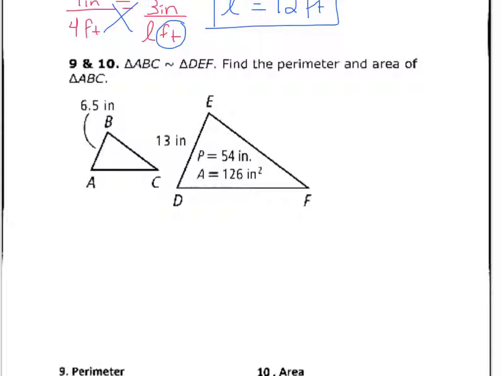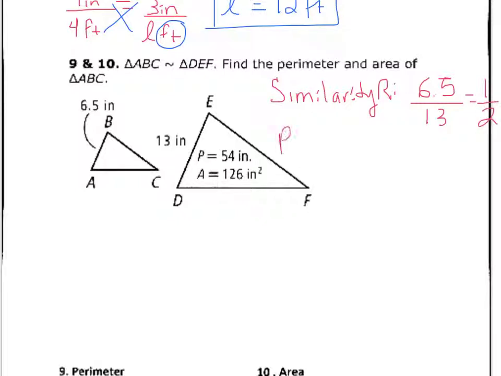For the perimeter and the area, there's three things we have to find first: the similarity ratio, the perimeter ratio, and the area ratio. The similarity ratio, you get it from the length of the side over the length of the side. So that's going to be 6.5 divided by 13. When you simplify that, that's 1/2.